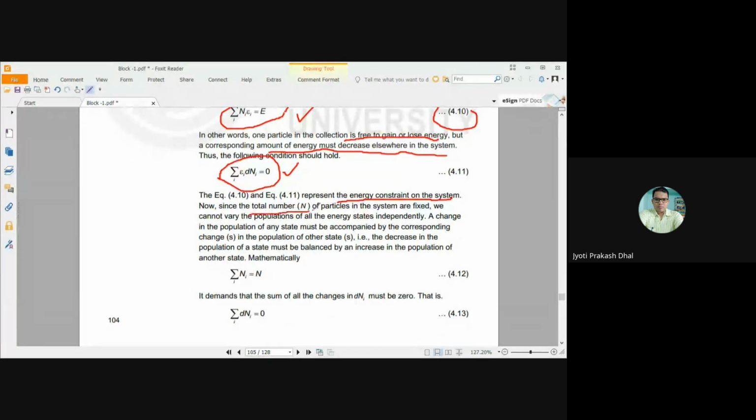Now, since the total number of particles N of the system is fixed, we cannot vary the population of all the energy states independently. A change in population of any state must be accompanied by corresponding changes in the population of the other states.